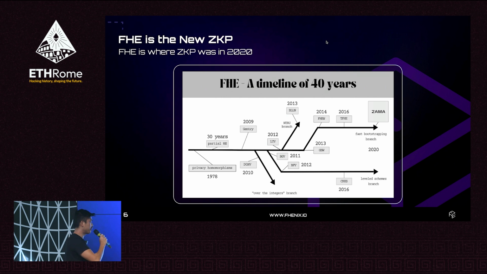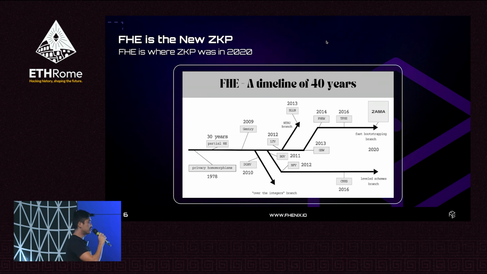I won't spend too much time on this, but there are two main branches right now when you think of applications of FHE. There's the leveled schemes approach, like CKKS, which is theoretically good for things like machine learning. You have approximate math, you have floats, and it won't necessarily bootstrap under each operation. Then you have fast bootstrapping, like TFHE, which is what we're currently using at Fhenix, though we're open to integrating different schemes.